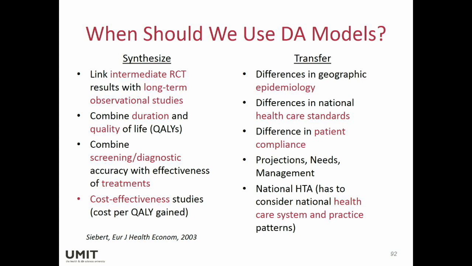The reason is that randomized controlled trials often only have a shorter time horizon, looking at 4, 5, maybe 7 years. But we want to have the long-term effects and the costs, looking at a lifelong time horizon. Therefore, we need to combine this information, and this is what we can do with decision-analytic models.